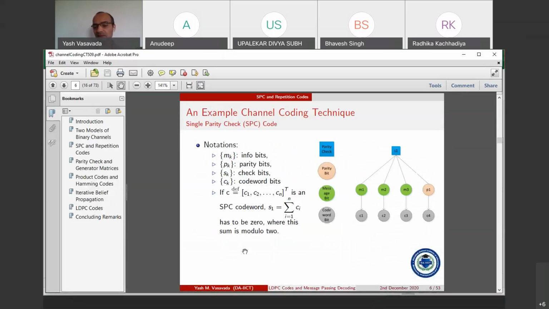Message passing, as the name may look fancy to you, but the idea is that these individual nodes here are getting their probabilities, initially, from the demodulator. And what they do is they pass their probabilities to the supervisor node.